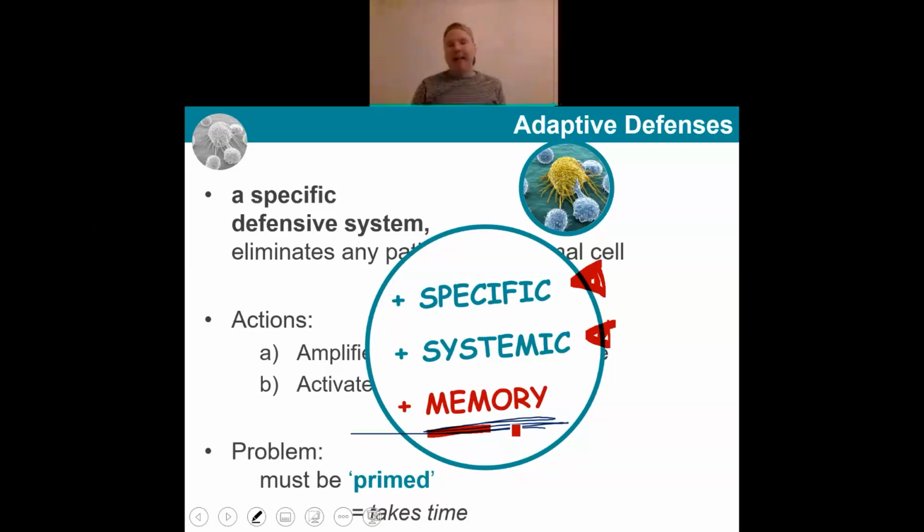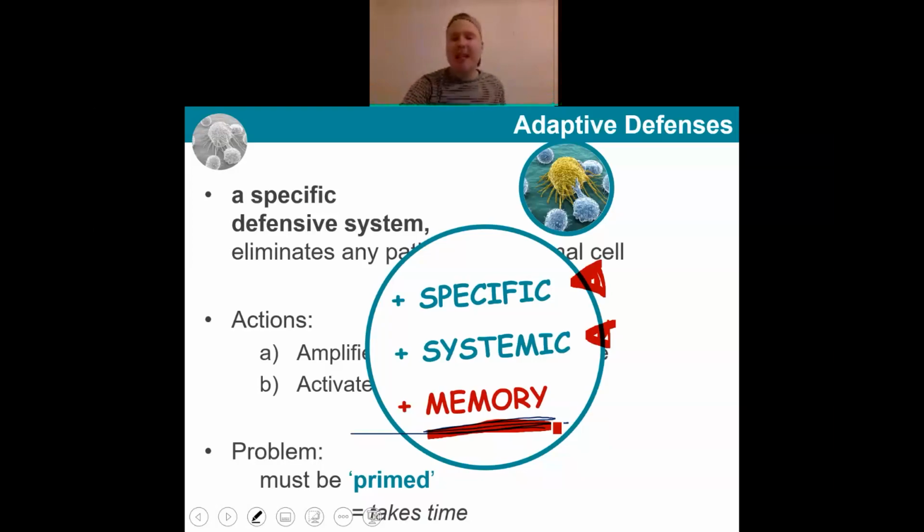And this third one can be both good and bad. It is that if you have met a pathogen before, you're able to deal with it very efficiently because you have developed a memory against it. But it's not going to be efficient the first time you meet that pathogen because you don't have that memory yet.